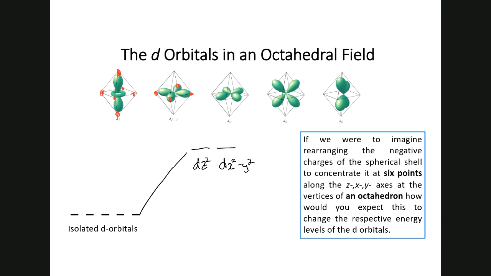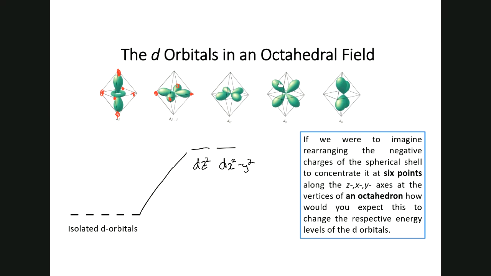However, if I now look at the dxy, the dyz, and the dxz, I see that they're not in direct contact. They're actually in between where my ligands would be. Here, this loop, the dxy, is in between where my lobes would be, and you can see the same for the dyz.